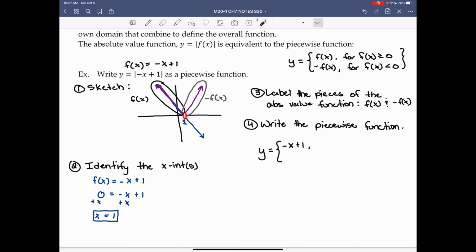In this case, it's a linear, so there's one x-intercept, and the graph of f of x is positive left of that. So we write negative x plus 1, which is f of x, for x less than or equal to 1.